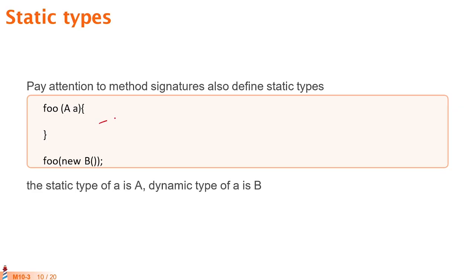In practice, this is the method foo that receives an object of type A as parameter. So remember that the signature includes not only the name, but also the types of the arguments of the message.